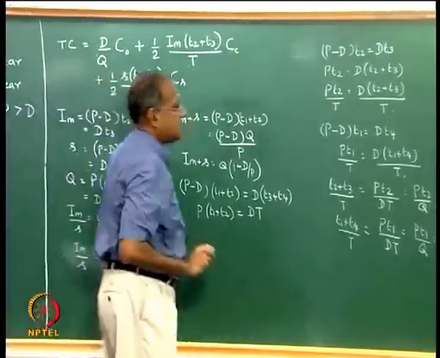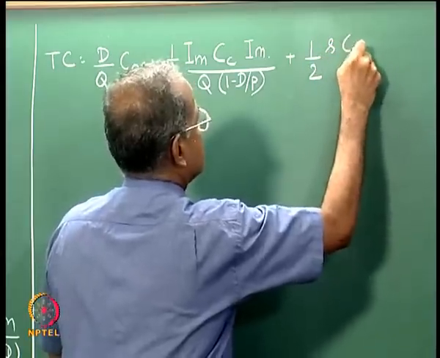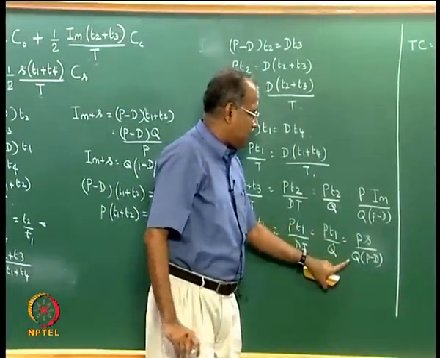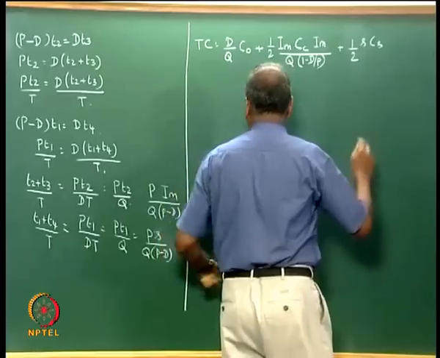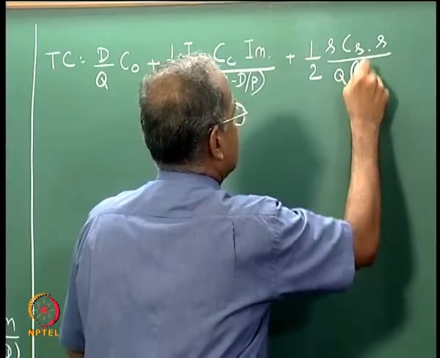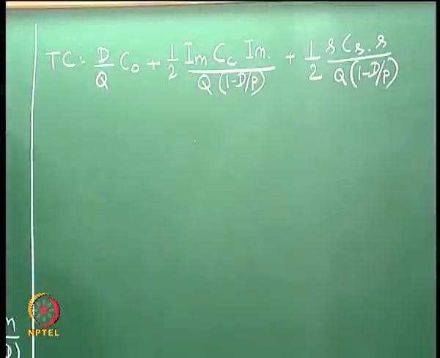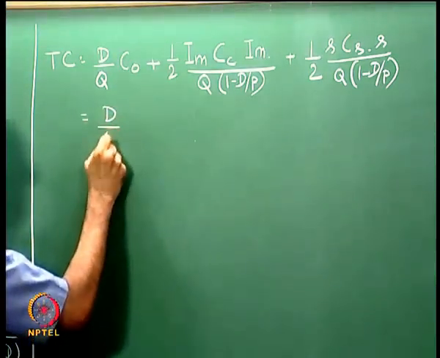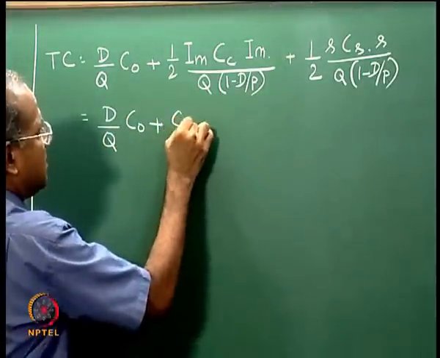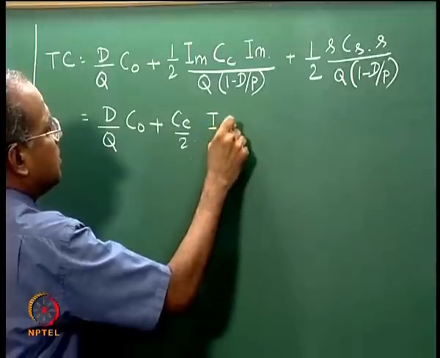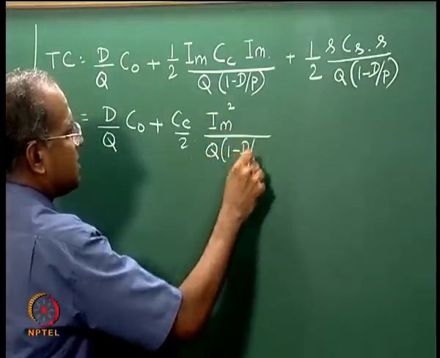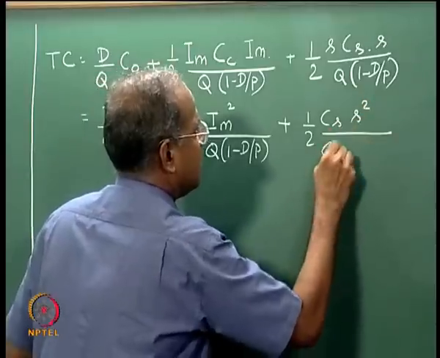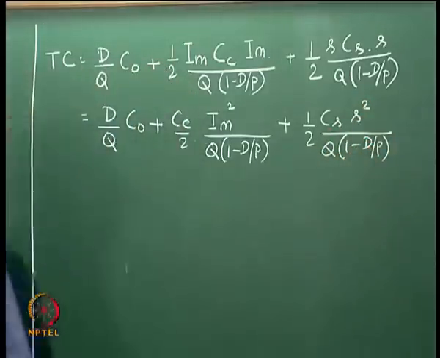So, we have S by 2 into Cs into (T1 + T4) by T, which is P S by Q into P minus D. So, this is written once again as S by Q into 1 minus D by P. Now, on simplification this will give us D by Q C naught plus Cc by 2 Im square by Q into 1 minus D by P plus half into Cs into S square by Q into 1 minus D by P.